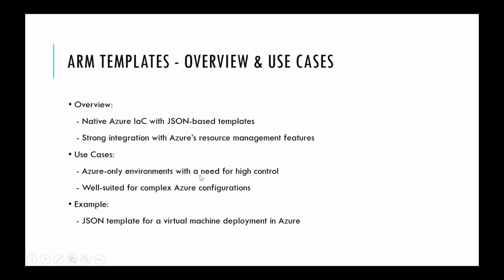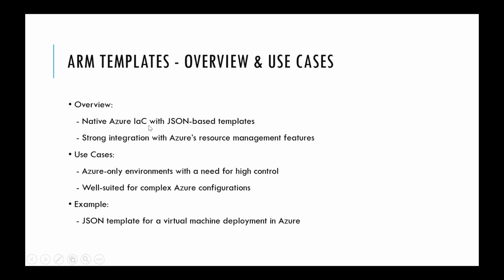These are some of the use cases: Azure-only environments with a need for high control, well suited for complex Azure configurations. Since this is in JSON, you can create complex Azure infrastructure using ARM templates. Even now, Azure Bicep is supporting all things, but ARM templates are old and they support more.